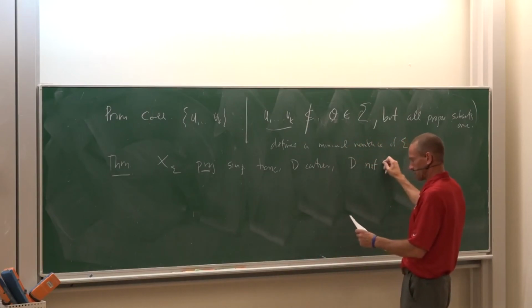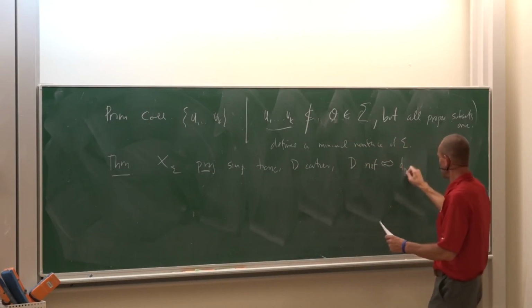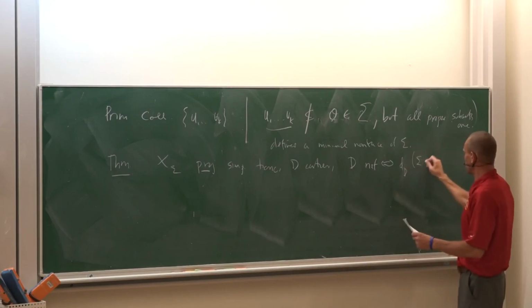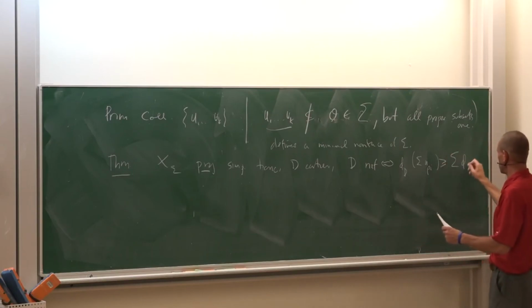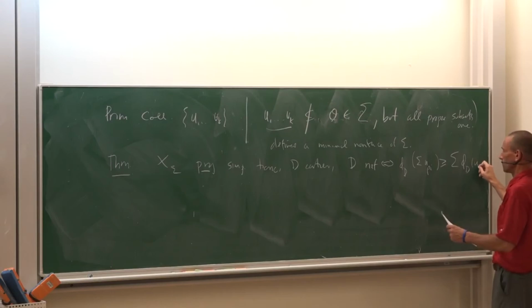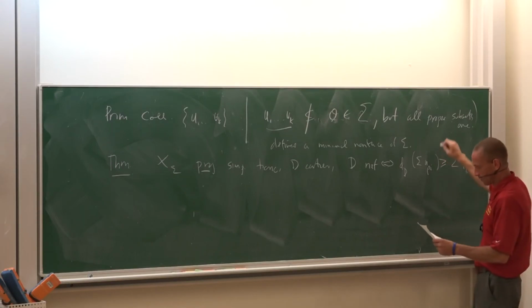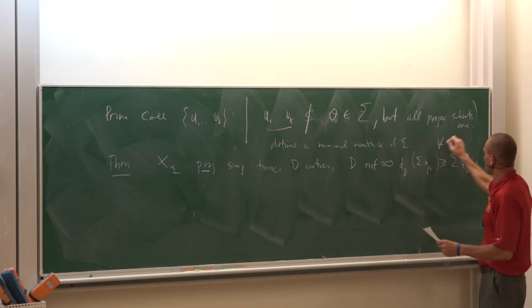Another condition, if and only if phi sub D of the sum of the u_rho for a primitive collection is greater than or equal to the sum of the phi sub D of the u_rho_i, for all primitive collections.